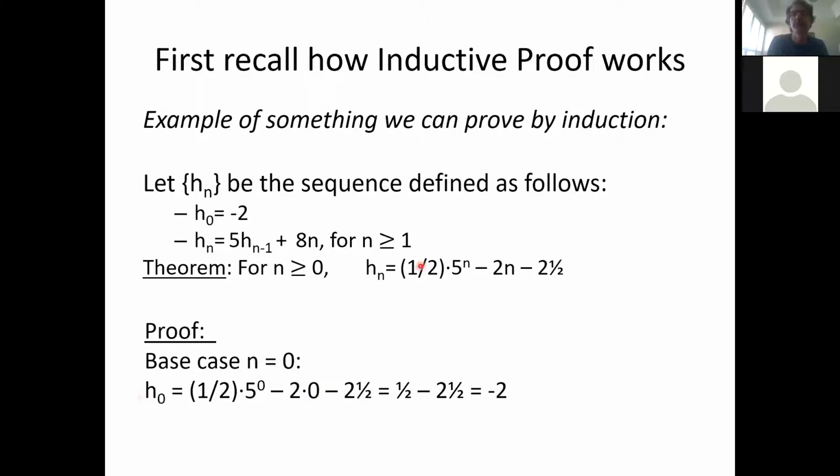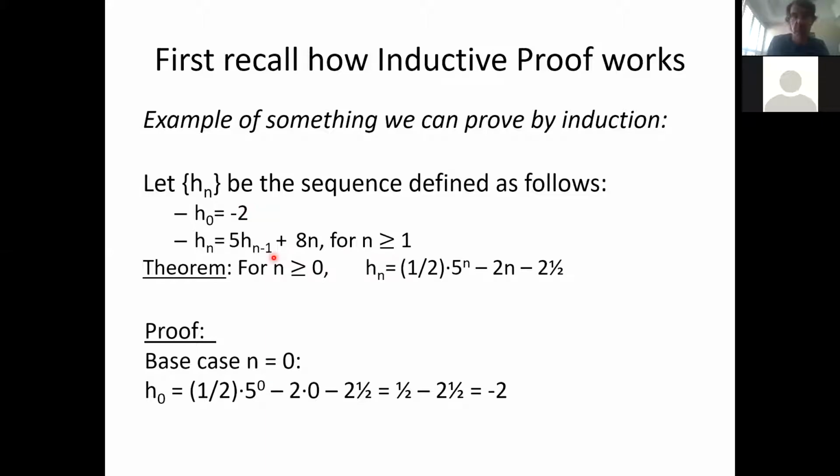If I plug in n equals 0, here I get a 1, so it's 1/2. For n equals 0, here I get the 1, so it's right. But here I get the 0, so this part vanishes, and now I have a -2.5, and this minus that is indeed -2. Okay, so the base case checks out.